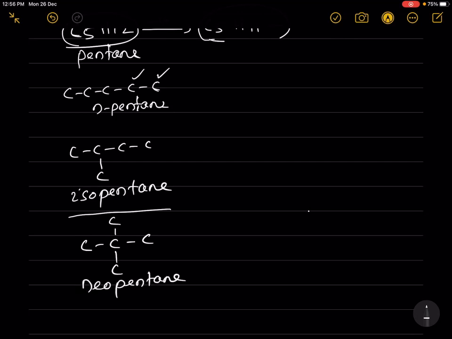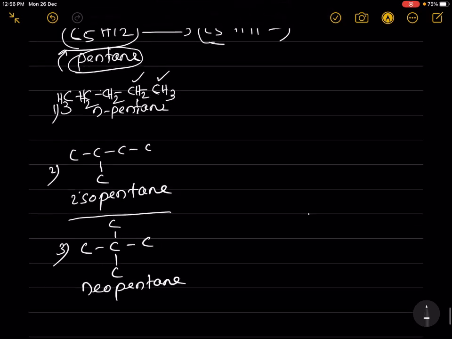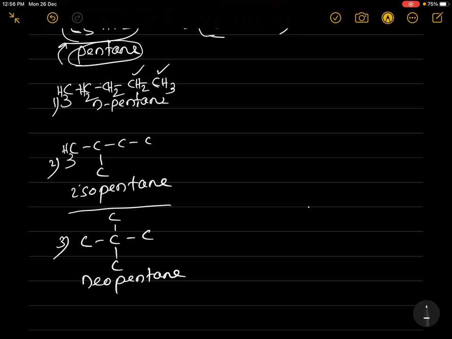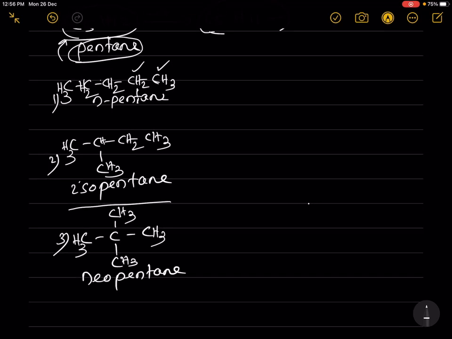Pentane has 3 isomers: N-pentane, isopentane (CH3, CH, CH2, CH3 with a methyl branch), and neopentane.